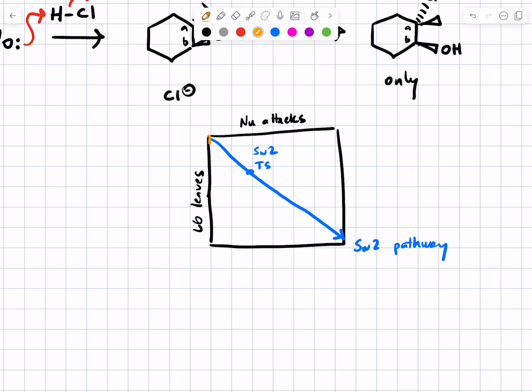I would have to have the leaving group leave first to give me a carbocationic intermediate, right? And then I would have the nucleophile attack. All right, so in blue is our sort of SN2 path, and in orange is our SN1 path. And the transition state for the SN1 reaction is somewhere around here.